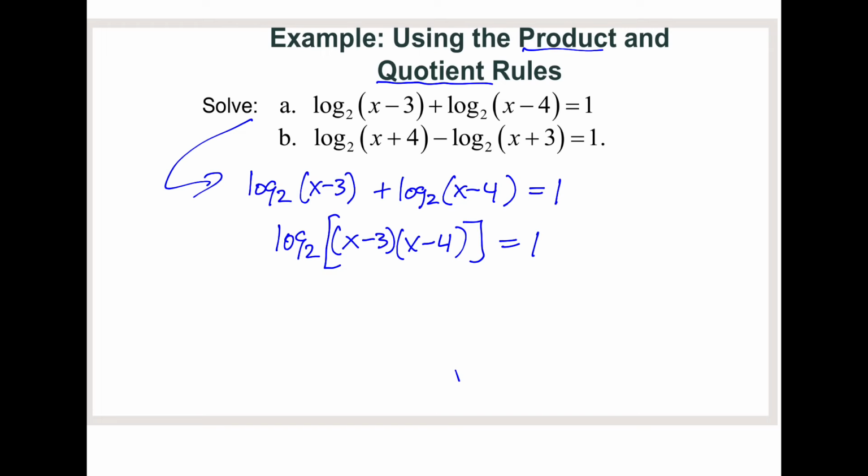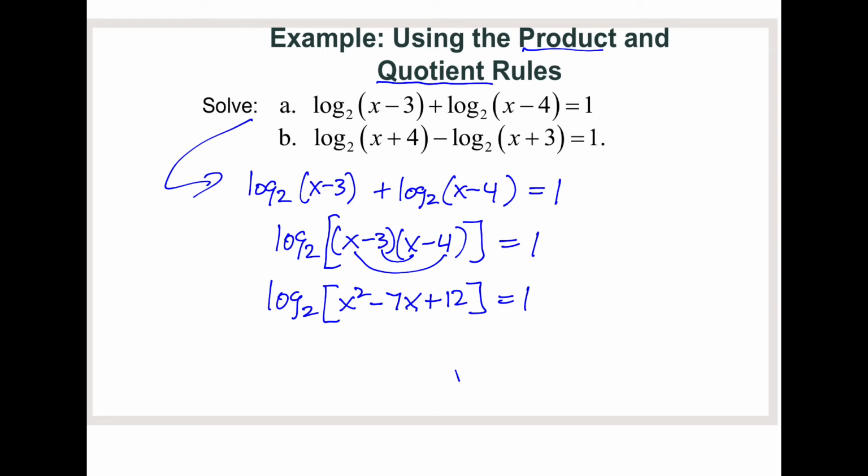And we could multiply that out, so log base 2 of x squared, and then my inners and outers, negative 3x, negative 4x, give me minus 7x, and then plus 12, equaling 1. Now this sounds a little counterintuitive, but let's rewrite this as an exponential statement.